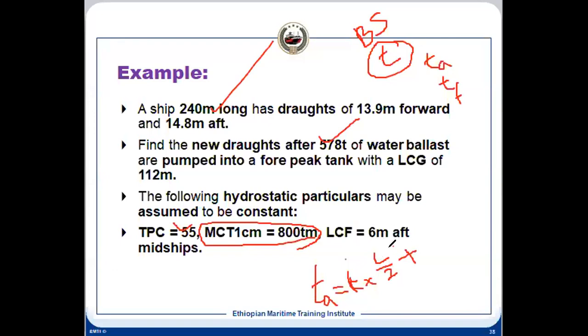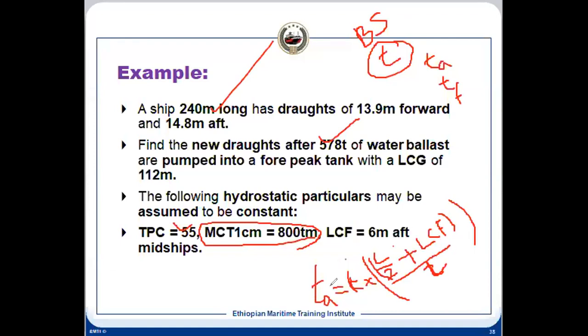So this will be our LCF, and divided by L. It means L by 2 plus LCF divided by L, and multiplied by our T, trim. So we can find out the forward trim and the aft trim.